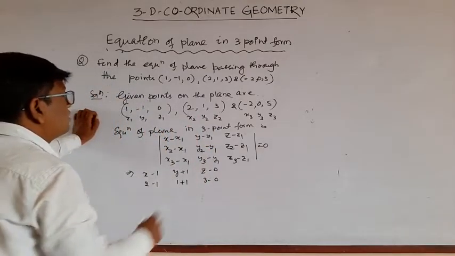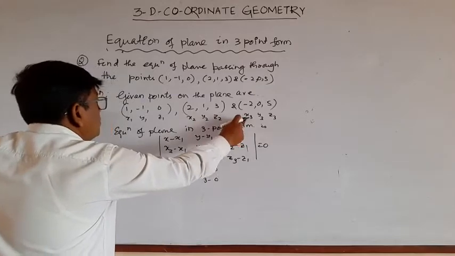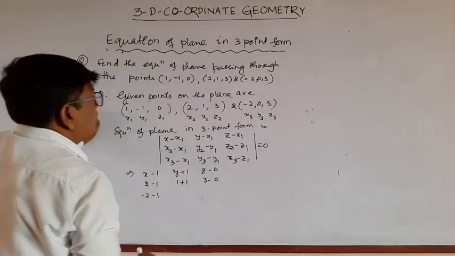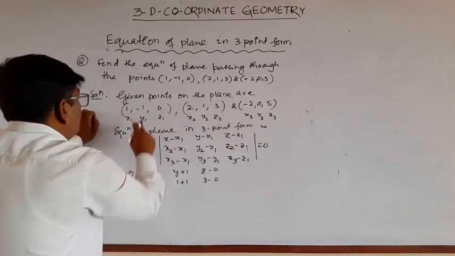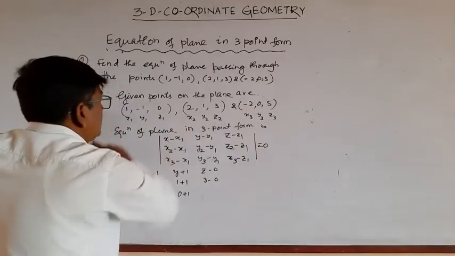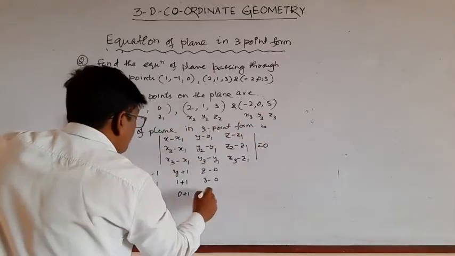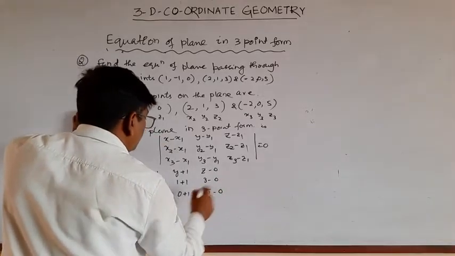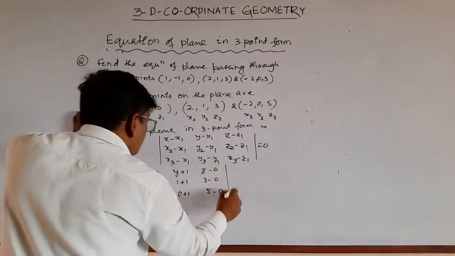Then x3 minus x1 is minus 2 minus 1, y3 minus y1 is 0 plus 1, z3 minus z1 is 5 minus 0, and this is equal to 0.